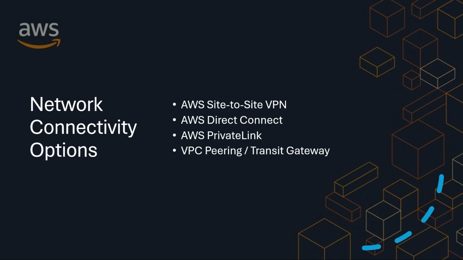AWS PrivateLink offers secure private connectivity to AWS services without exposing traffic to the public internet. For multi-VPC communication, VPC peering works for point-to-point links, whereas Transit Gateway enables scalable hub-and-spoke architectures with centralized routing. Choosing the right connectivity option ensures scalability, performance, and security.